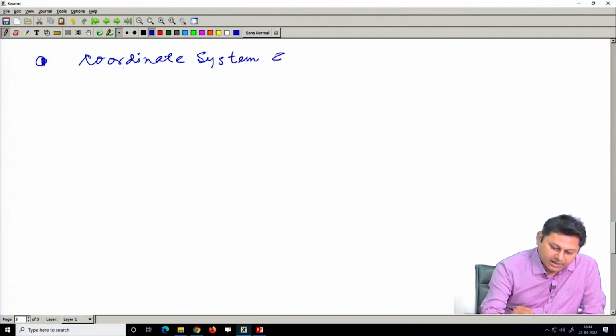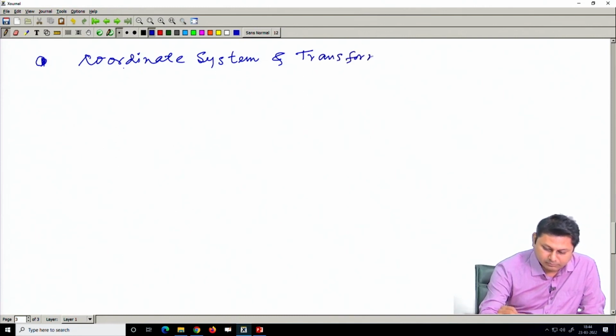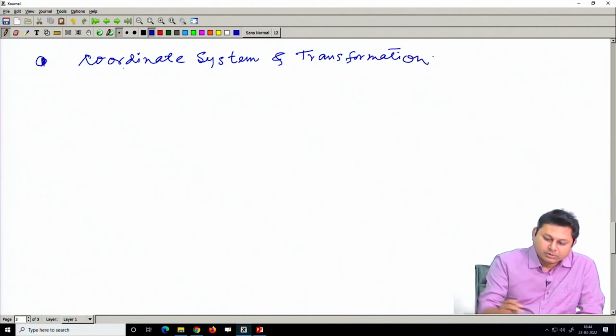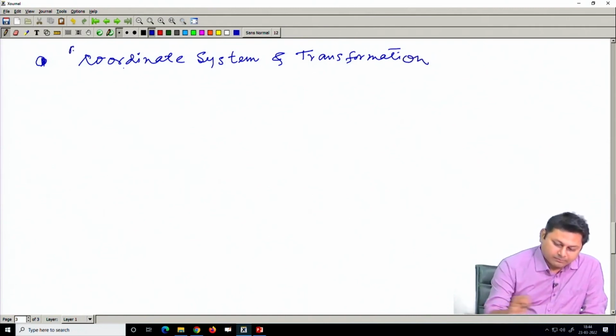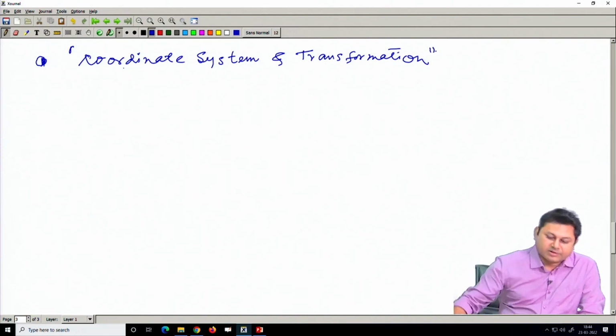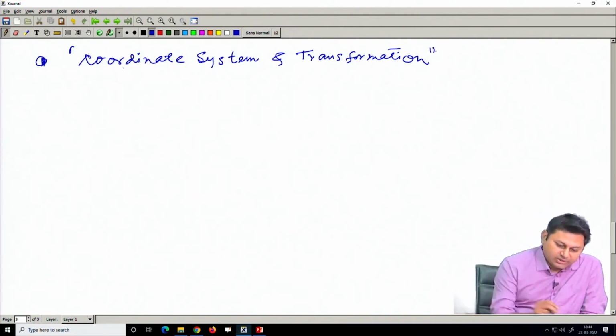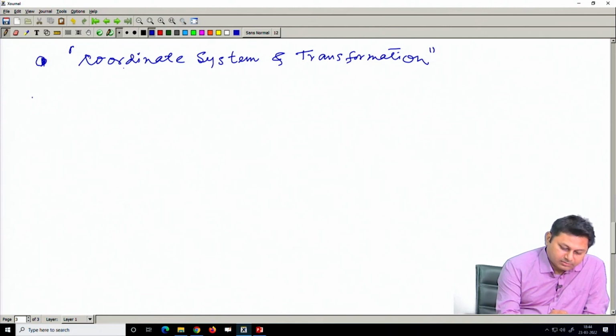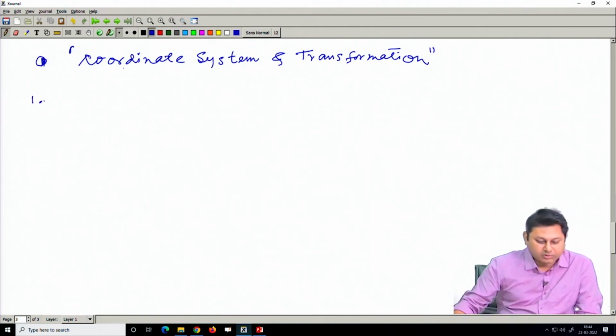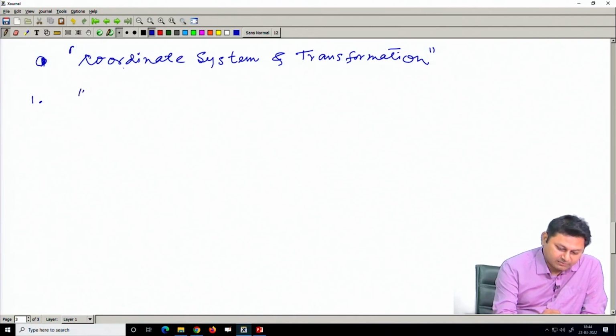Coordinate system and transformation. Okay. So, let us start with the most useful or most well known coordinate system, which is the Cartesian coordinate system.